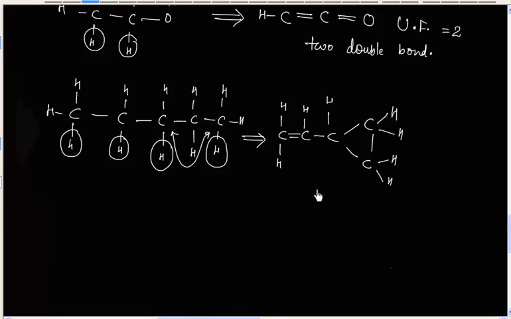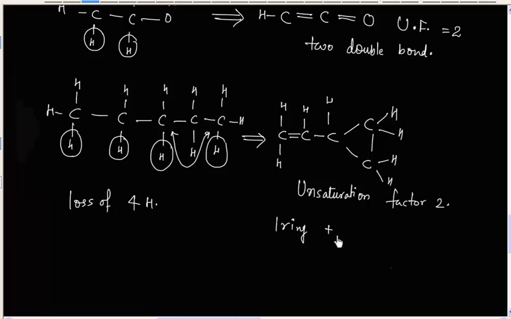So in this case again, unsaturation factor is 2 because we have removed 4 hydrogen. So there is a loss of 4 hydrogen. So we have unsaturation factor of 2. In this case, we have one ring and one double bond.